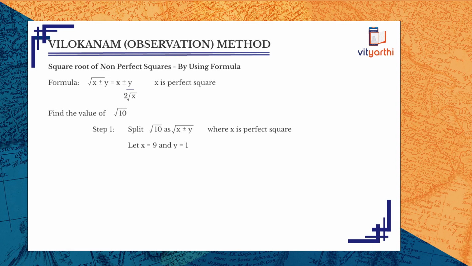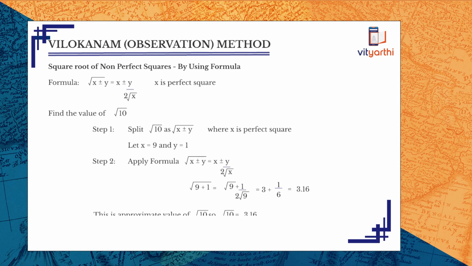We apply the formula: root of (9 plus 1) equals root 9 plus 1 upon 2 root 9. After solving, we get 3.16. So the approximate value of root 10 is 3.16.